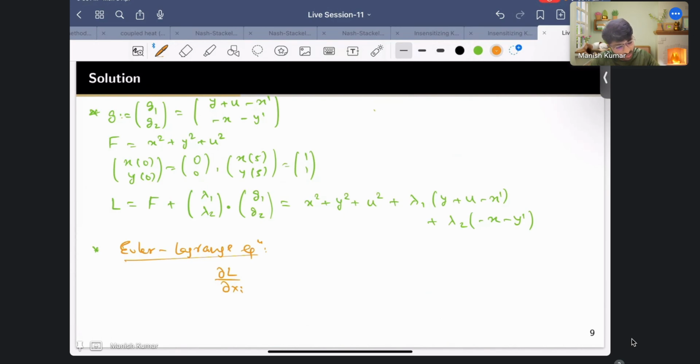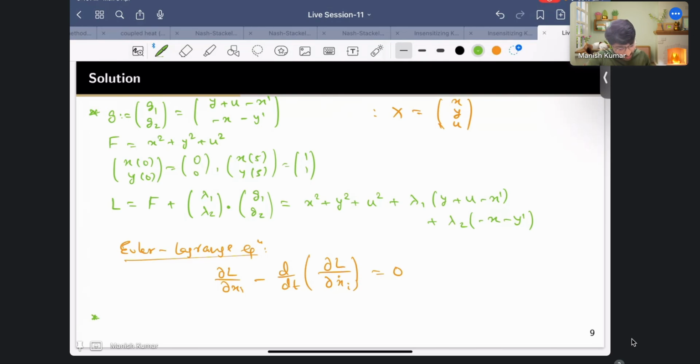So over here my capital X would be x comma y comma u. So the Euler-Lagrange equation would be del L by del xi minus d dt of del L by del xi dot equal to 0. So let us try to see what it looks like in our case.